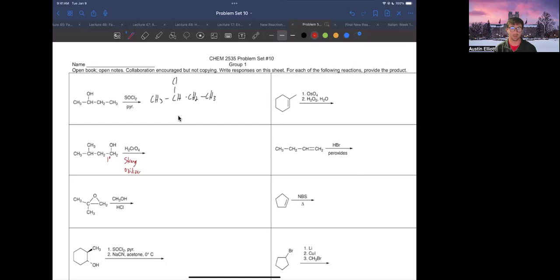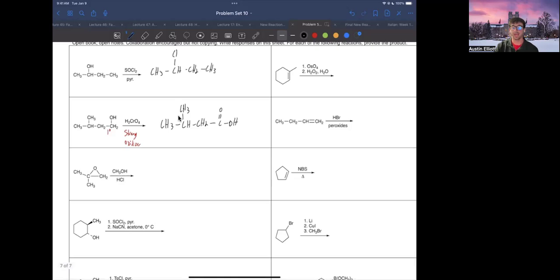But it's not an aldehyde. That was my bad. It is a carboxylic acid, and it would look something like this. With that, we have that carbonyl carbon, and then we have the alcohol also attached to it, just like that.